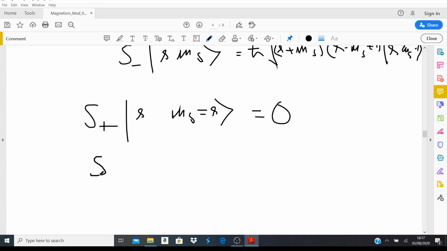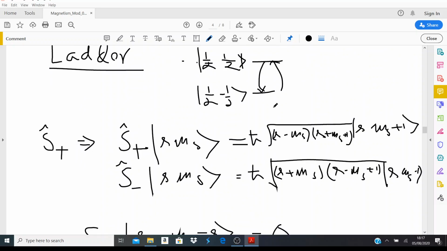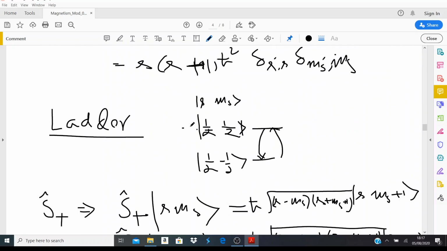And also when you operate S minus on a state where mS is at the lowest in the range, which is the minus half state, that will also give you a 0. So you cannot go below this ladder. The ladder ends here and here, and you can only make transitions in between these two.